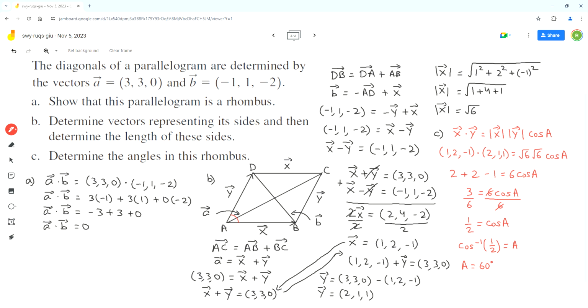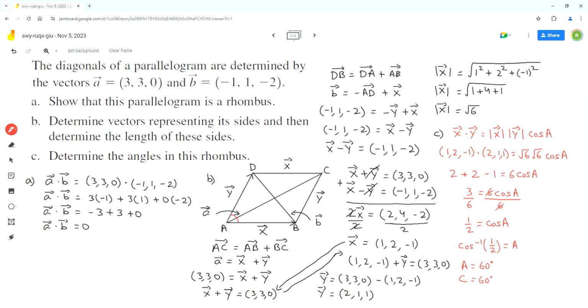Now in a rhombus, opposite angles have the equal measure. So that means angle C is also equal to 60 degrees. And in a rhombus, adjacent angles are supplementary angles. That means their sum is equal to 180 degrees.